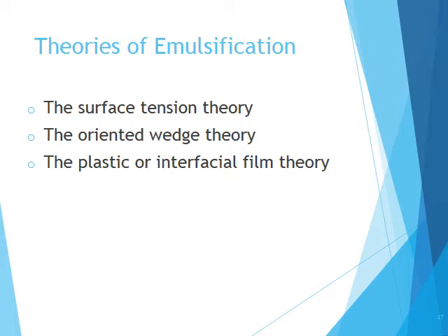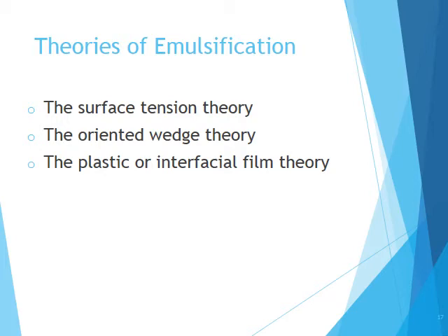In this case, it will promote the dispersion of the small oil droplets, for example, or the liquid droplets of the internal phase in the external phase, by reducing the surface tension between the internal and the external phases. So we'll get the emulsified droplets inside the dispersion medium. That's the first theory.